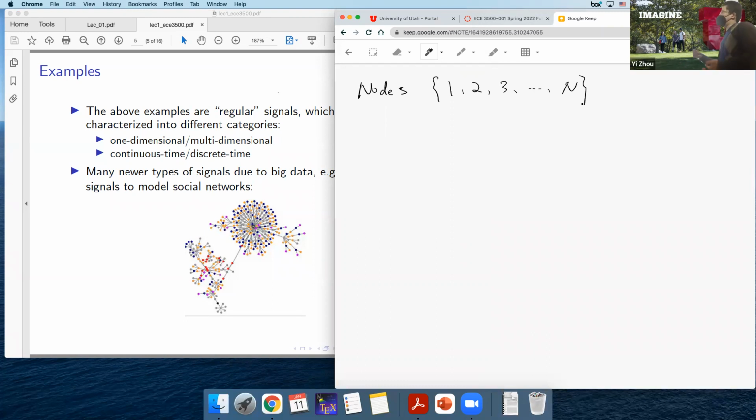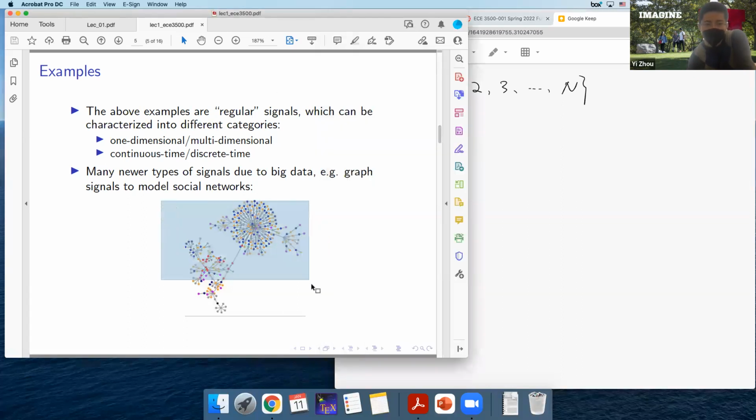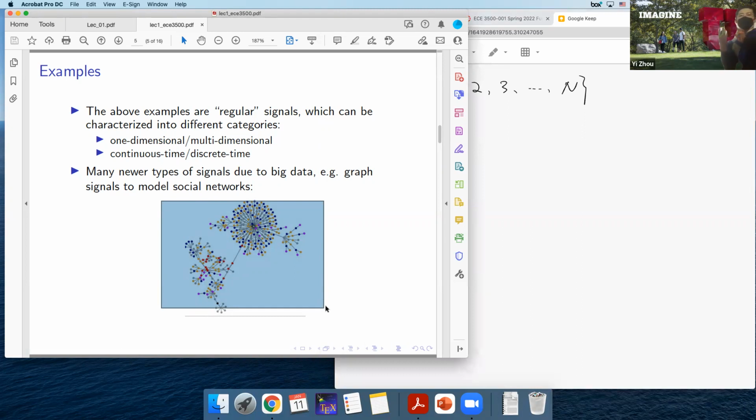How do we describe this graph? Basically, we want to find a function so that we can reconstruct this graph from that function. To reconstruct the graph, we just need two things.